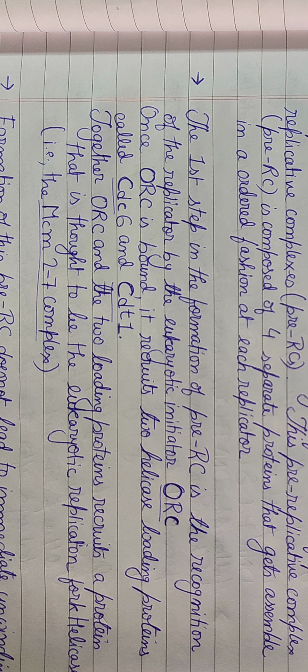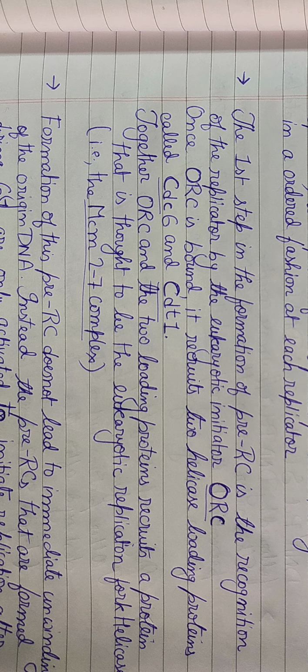These 2 proteins, CDC6 and CDT1, are helicase loading proteins. They will now allow the helicase to bind. First, ORC binds to the replicator region by identifying it, then it recruits the 2 helicase loading proteins, CDC6 and CDT1.